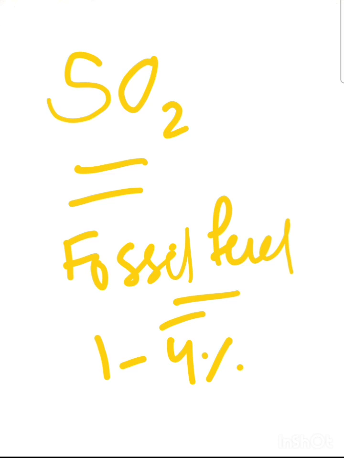The sulfur dioxide, that is SO2, combining with rainwater forms sulfurous acid and sulfuric acid, and by binding with nitric acid forms acid rain, which has very low pH and many adverse effects. So it is the third category of major air pollutants.